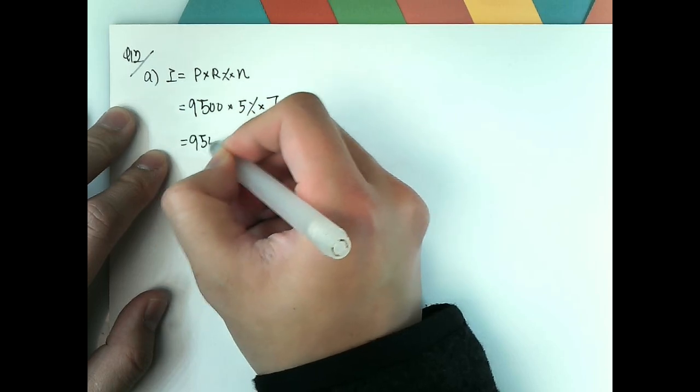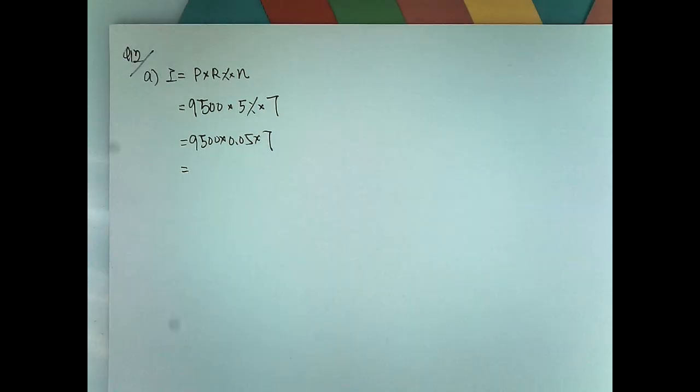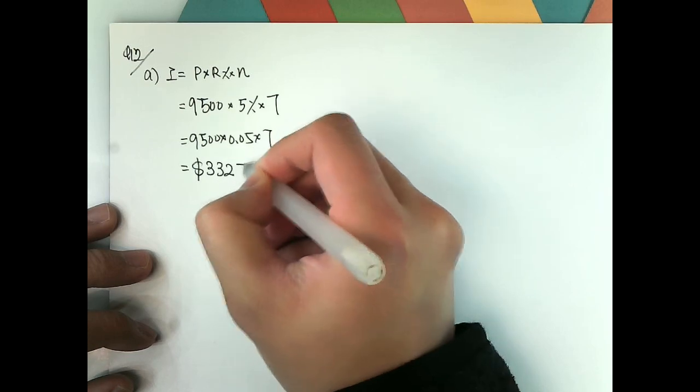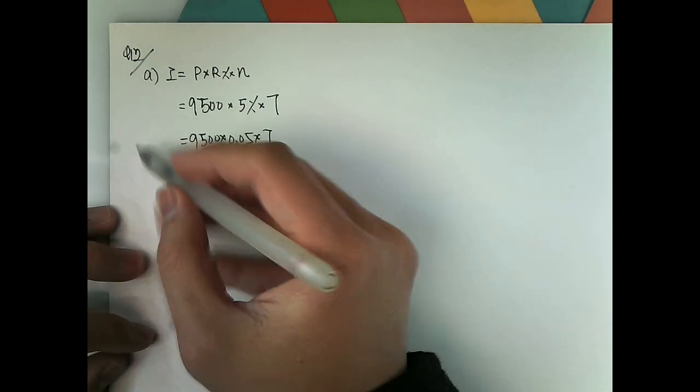Make it decimal, no hurry, okay? And go to your calculator. So it should be 3,325. Understand? Yeah.